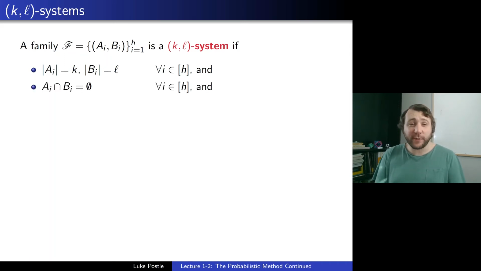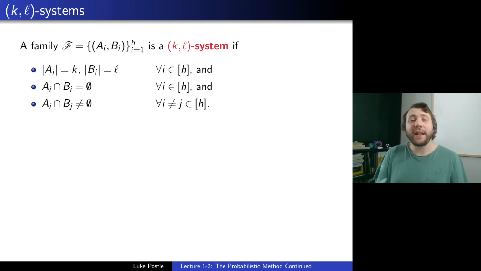We're also going to require that A_i is disjoint from B_i, that their intersection is empty. So we have these pairs that are disjoint, and yet the cross pairs, A_i intersect B_j, is non-empty for every distinct i and j. So it's kind of this nice system where you have pairs of K sets and L sets. The pairs themselves are disjoint, but all the cross pairs actually intersect.